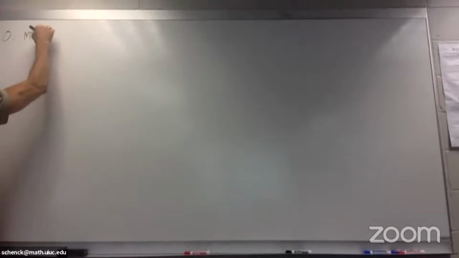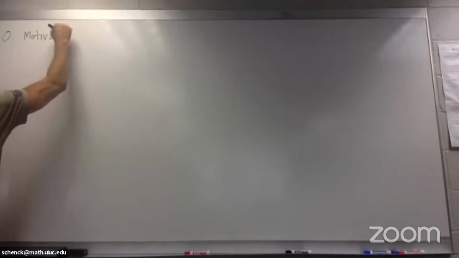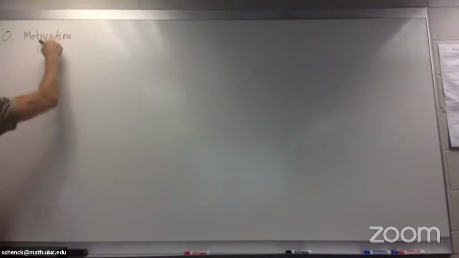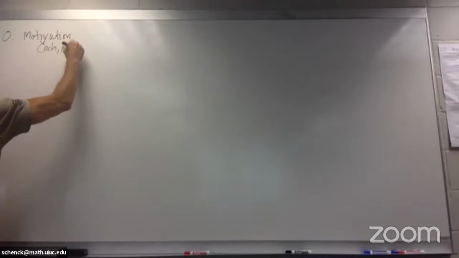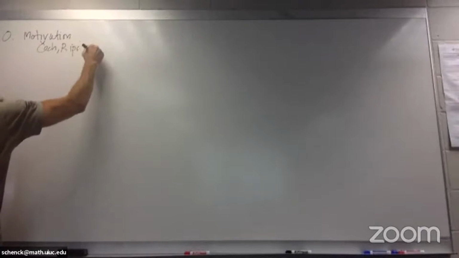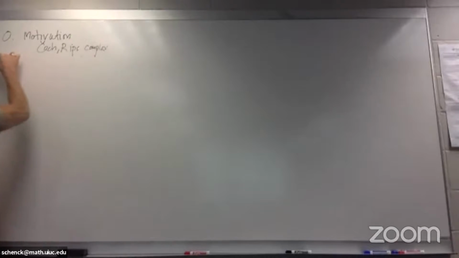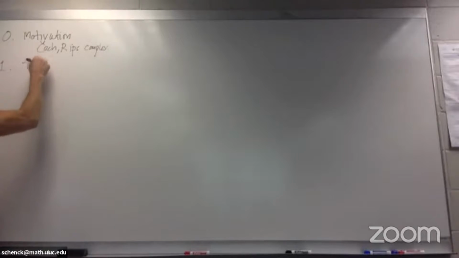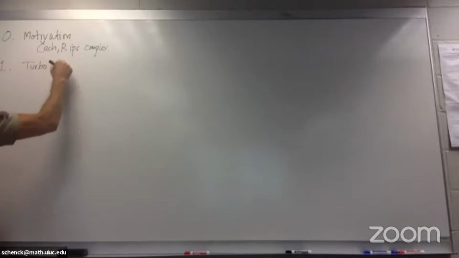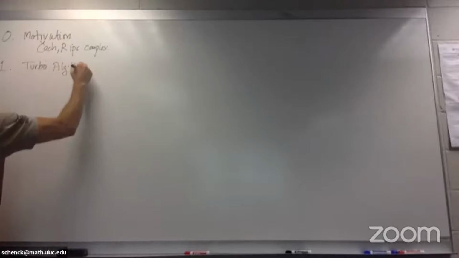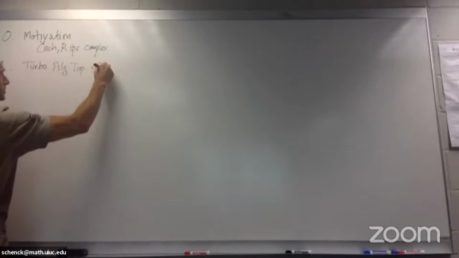So 0 will be motivation, the Čech complex, Rips complexes. 1 is going to be algebraic topology and simplicial complexes.